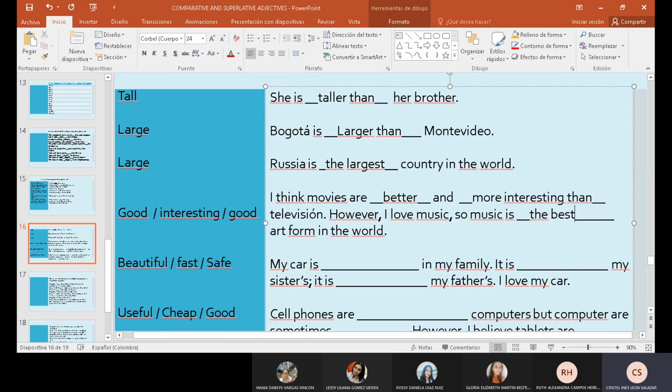I think movies are better and more interesting than television. However, I love music. So music is the best art form in the world. Yo creo que las películas son mejores y más interesantes que la televisión. Sin embargo, yo amo la música. Así es que la música es la mejor forma de arte en el mundo. Ok, teacher. Okay.